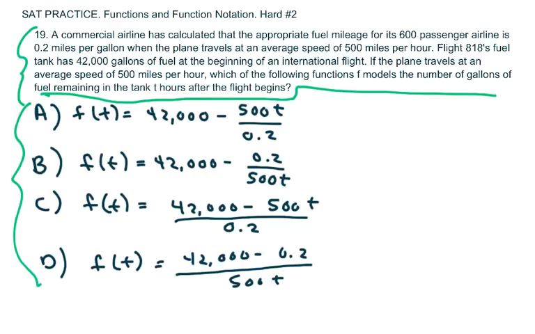All right. The first thing you want to notice here is that the airplane is traveling at an average speed of 500 miles per hour, and the plane's fuel mileage is 0.2 miles per gallon. So you can calculate the number of gallons of fuel used each hour using the factor label method.